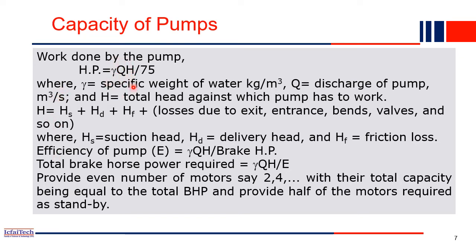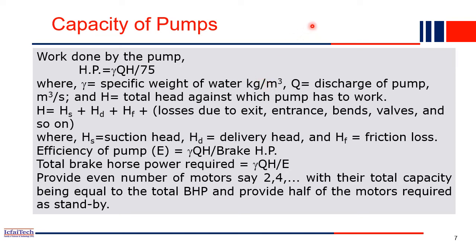And H is the total height against the pump. From the lower level to the higher level, water has to reach, right? So what is the total height? That we call capital H. H is basically Hs plus Hd plus Hf plus losses. What is Hs? Hs is the suction head, where the water is.